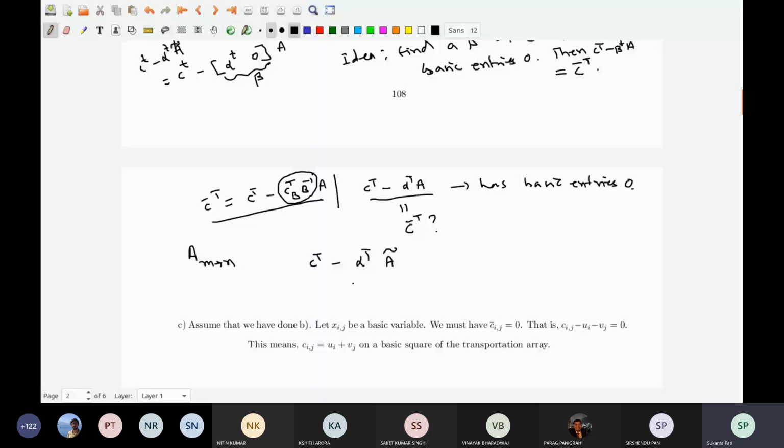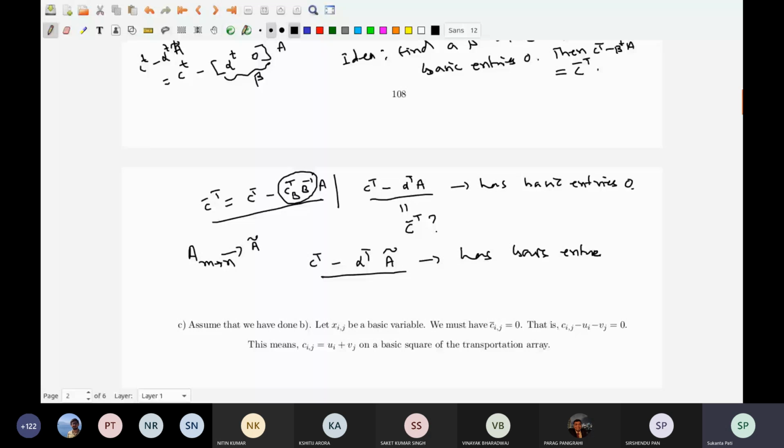I am searching for alpha transpose such that all the basic entries are 0.